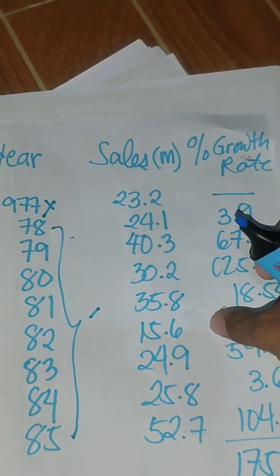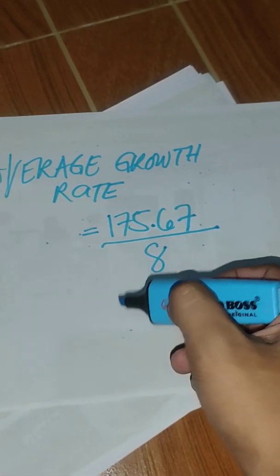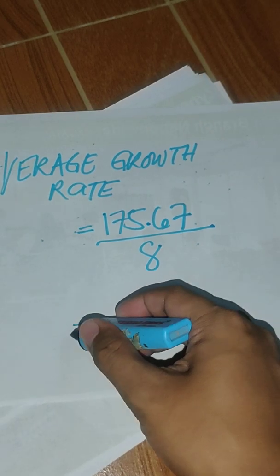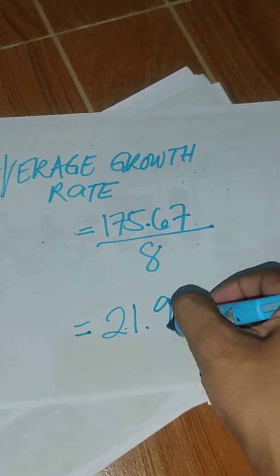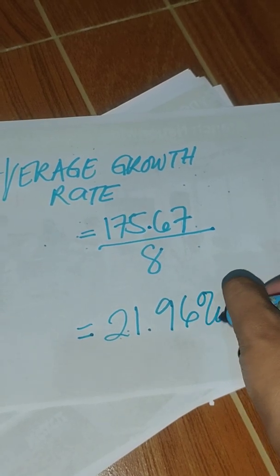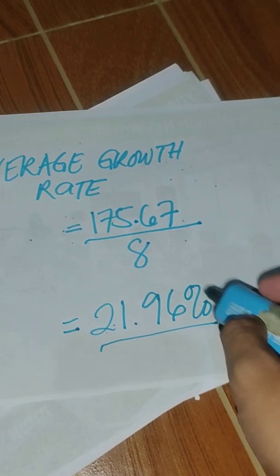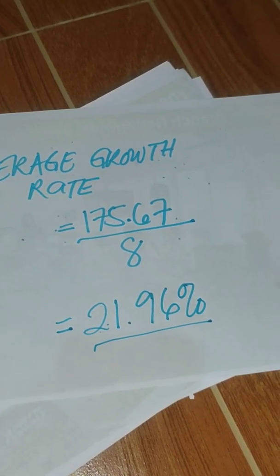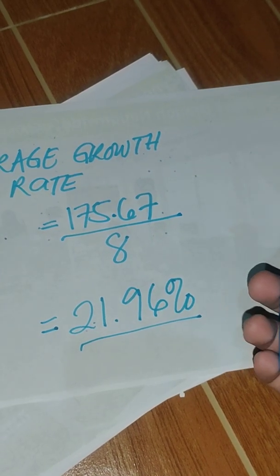So that's why it is 8. So 175.67 over 8, that is 21.96%. So your 21.96% is your expected growth rate, average growth rate each year.